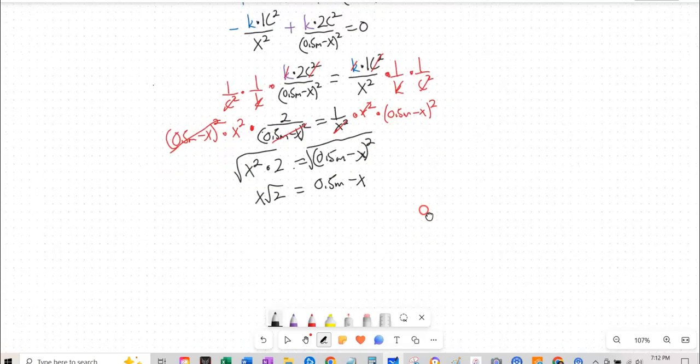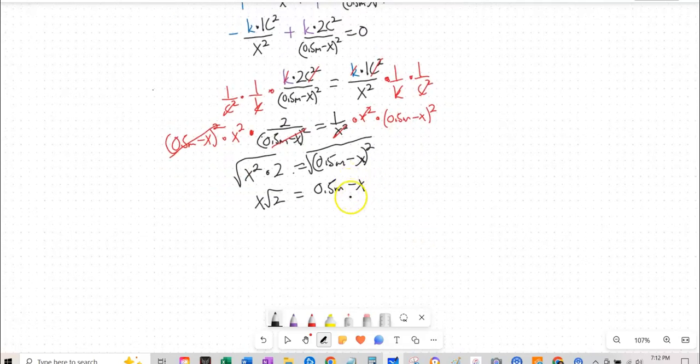Okay, now what we're going to do is add x to both sides. And when we do that, we can factor out x: x times the square root of 2 plus 1 equals 0.5 meters.